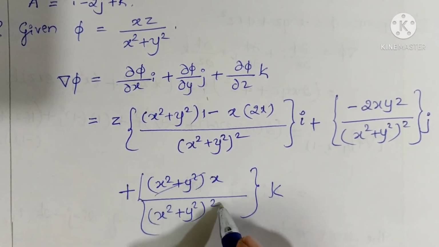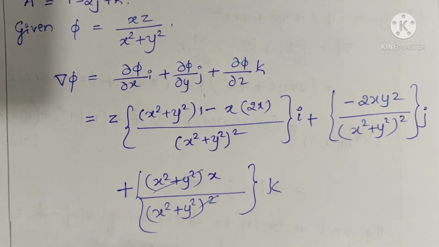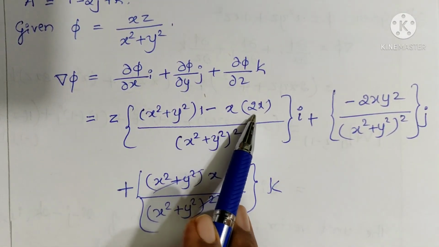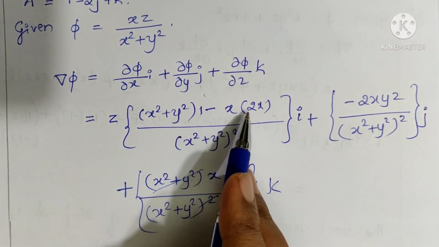Since this and this will get cancelled, therefore z into x square plus y square minus 2x square. So minus 2x square plus x square, you will have minus x square.